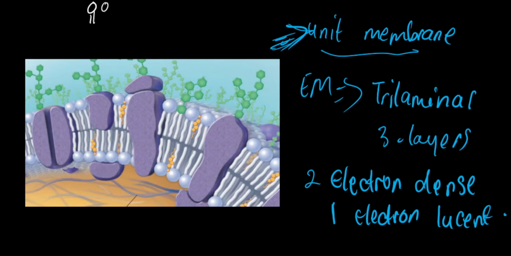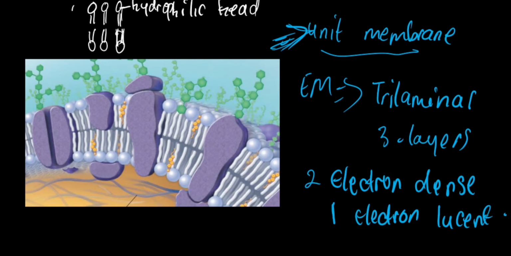Taking a look at the orientation of the cell membrane, the hydrophilic heads form the electron dense layers, this side and this side. The hydrophobic tail forms the electron lucent layer. So basically the plasma membrane appears trilaminar.